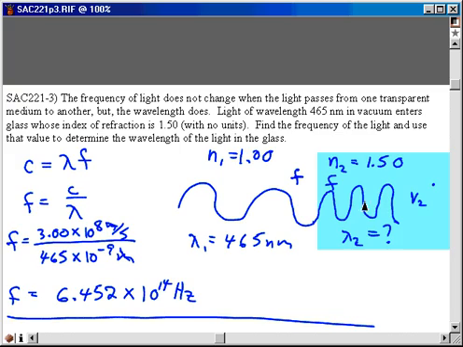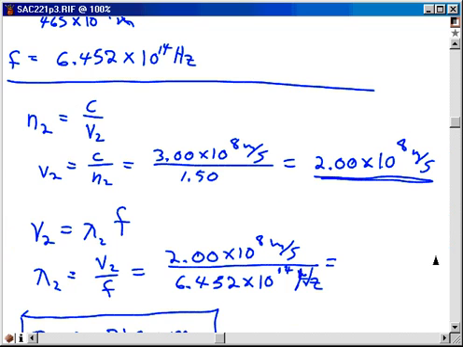And if the wave is going slower, then in order to have the same number of crests per second passing your position, namely the frequency 6.452 times 10 to the 14th of them per second, they've got to be closer together if they're all going slower. So our result makes sense.